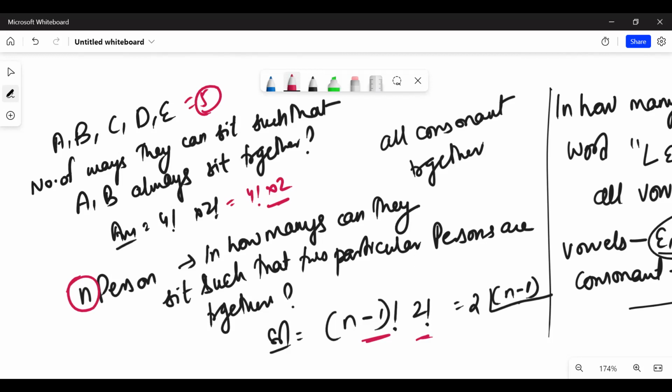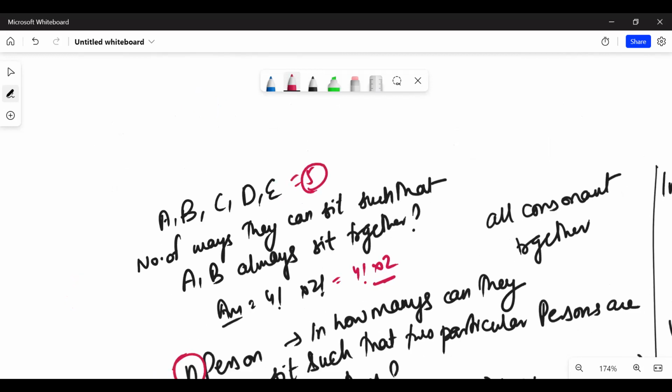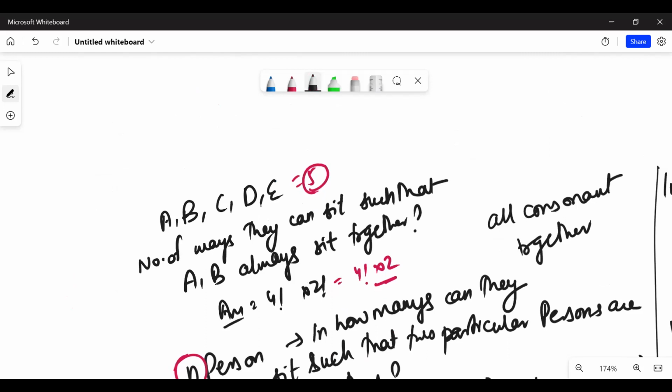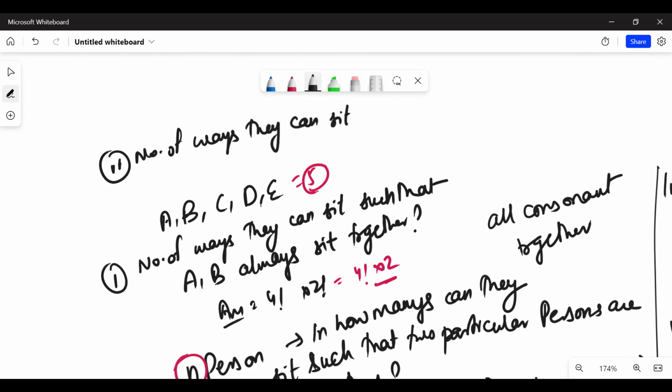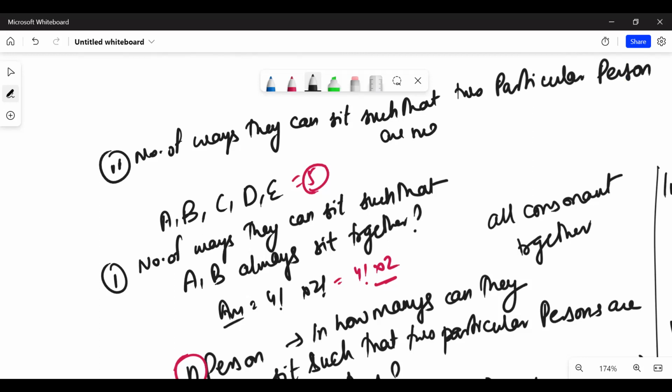Yes, sir. Now, same question. This was question 1. Now, same thing, 5 persons. The number of ways they can sit such that two particular persons, A and B, are never together.